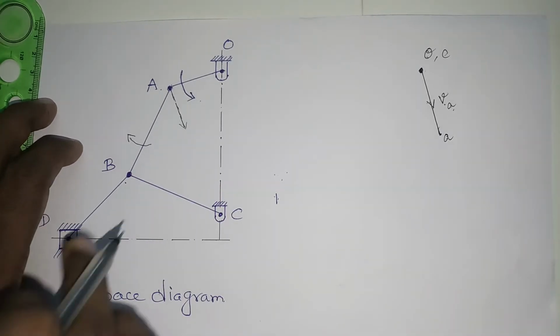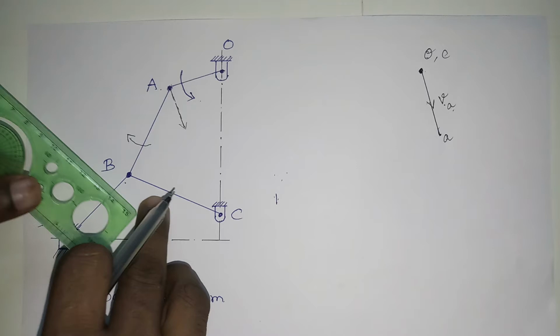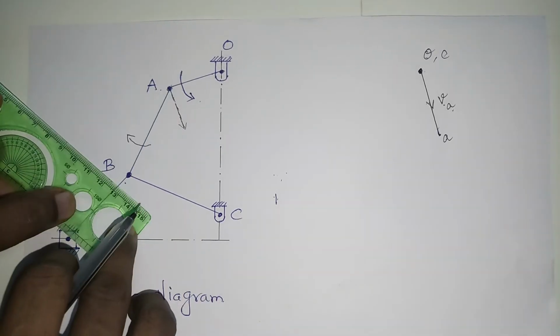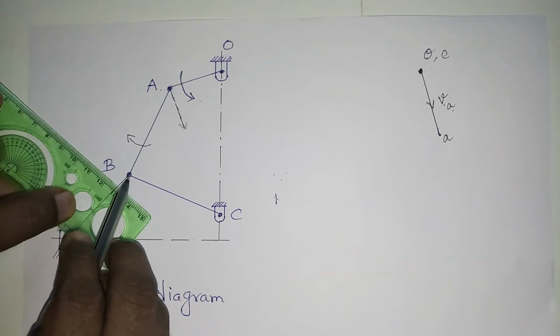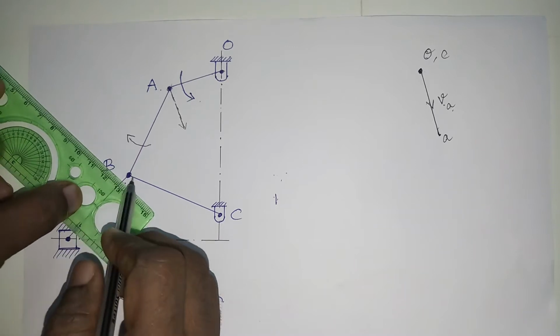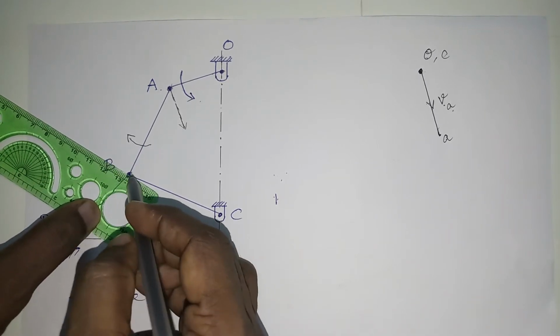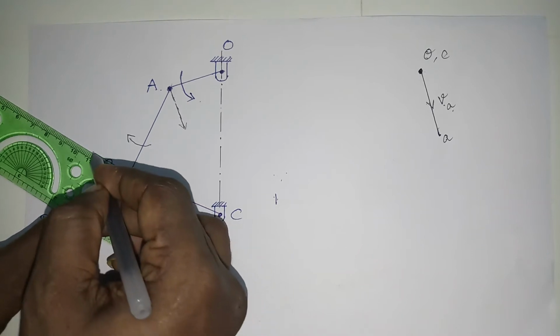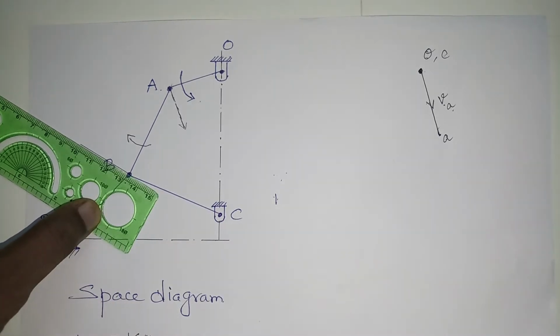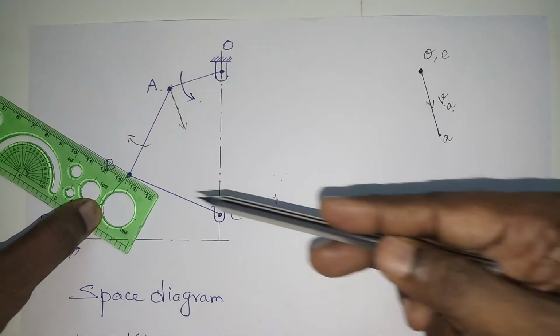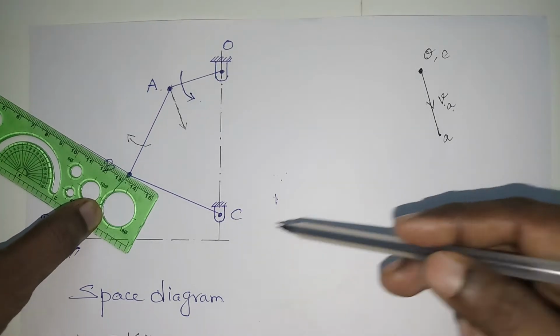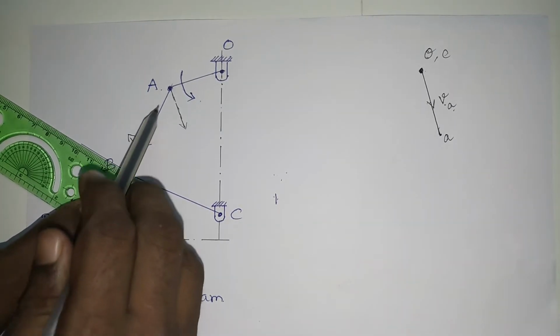So automatically the velocity of B point with respect to A point will be acting in this direction, perpendicular to this one. Just place your ruler there, and this is the velocity of B with respect to A.